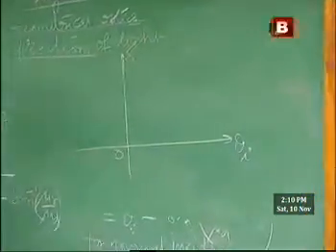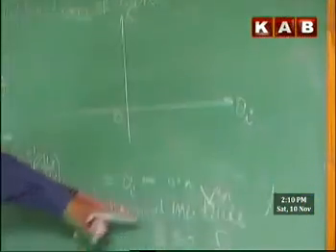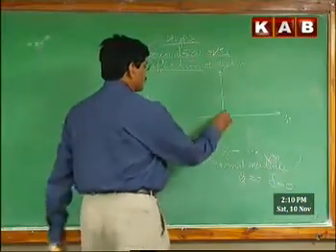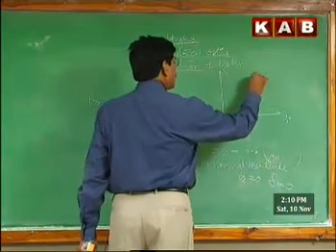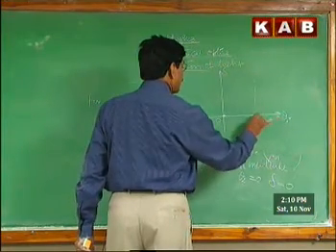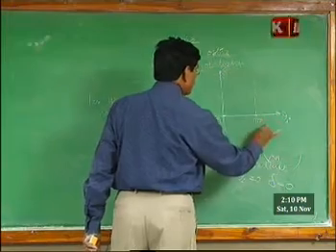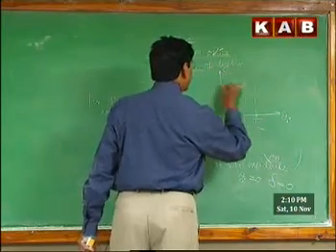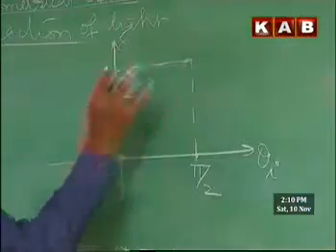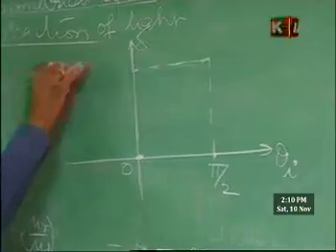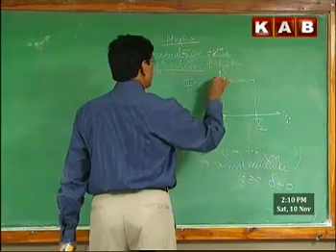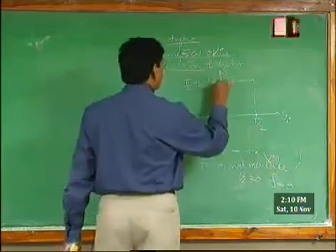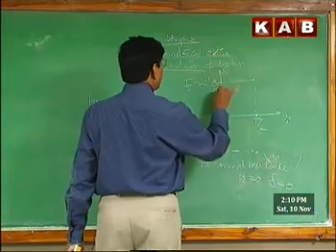For 0 angle of incidence, the deviation angle is 0, so the graph starts at the origin and goes up to theta I equal to pi by 2, where delta is pi by 2 minus sin inverse mu r by mu d.